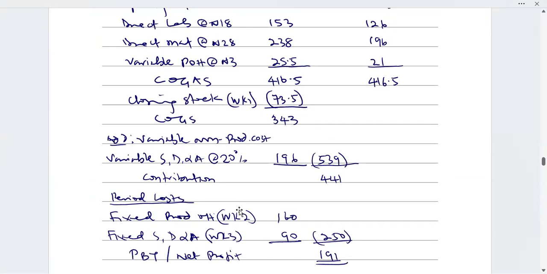Closing stock here is 24.5. What's the difference? 392.